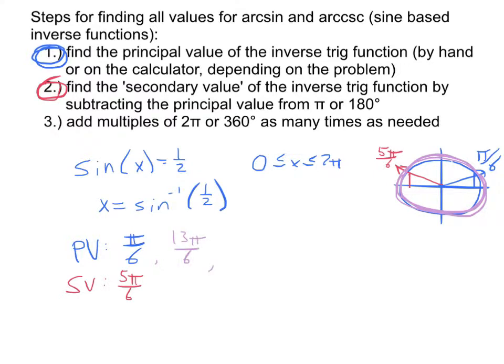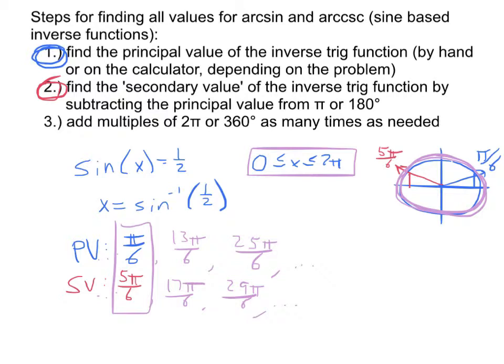And then if I did it again, I'd end up with 25 pi over 6. For the other one, if I were to add that, I'd end up with 17 pi over 6, and then 29 pi over 6. And I could keep doing this as long as I wanted to. In fact, in both directions, you could even subtract 2 pi from these to find other ones. But in this problem, they only wanted me to find values between 0 and 2 pi, so these are my answers.